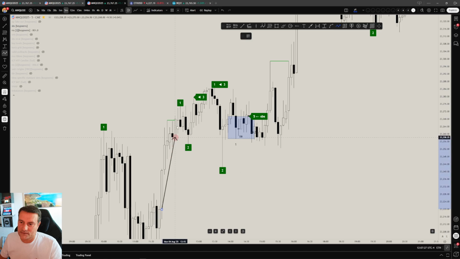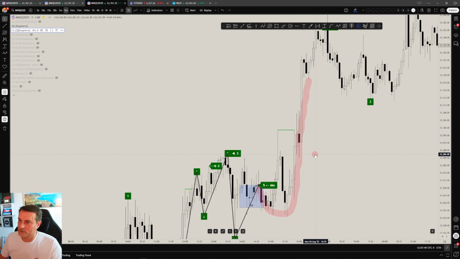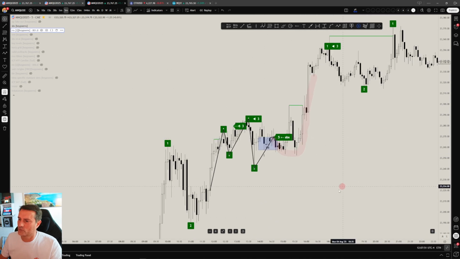Okay, we got a 1, 2, 3. We carry the 3. The 4 is hidden because there's more than one. And then the bottom 5. And then if you could bear some drawdown, you would get this insane move.